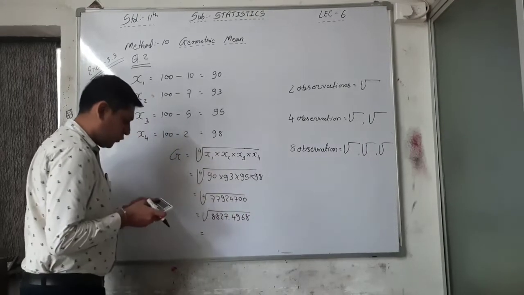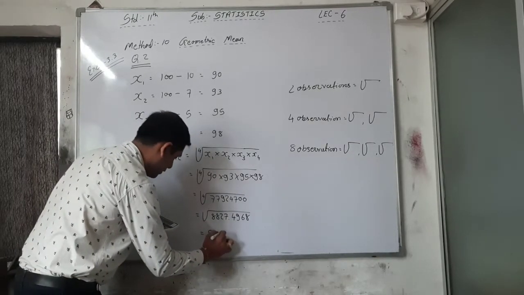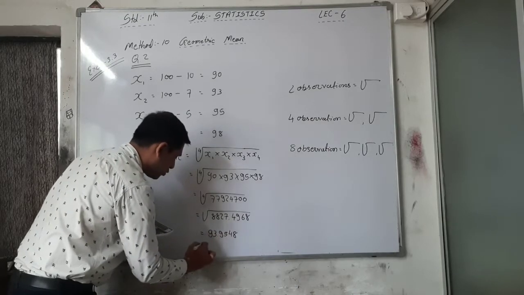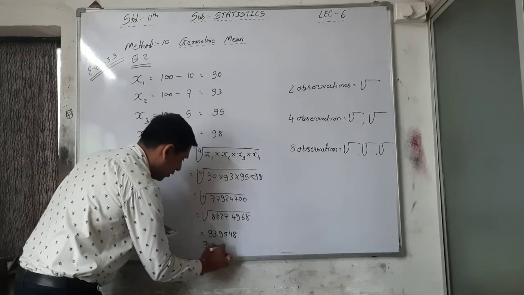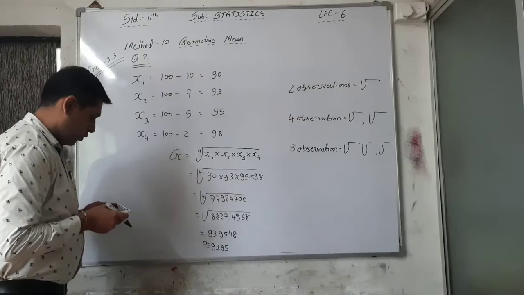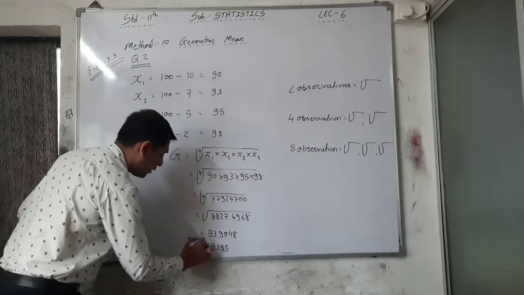Again the square root of these is 93.9548. So your approximate answer is 93.95, right? Okay, and here that is your geometric mean.